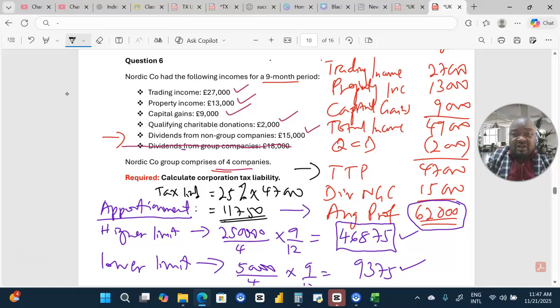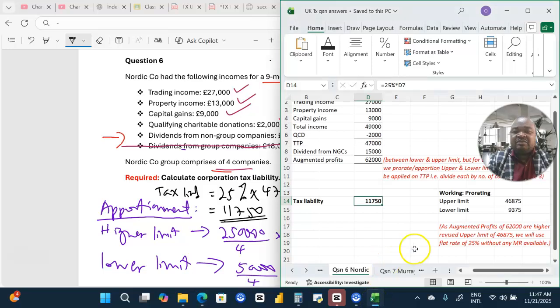No marginal relief would be available in this situation. Is that clear, ladies and gentlemen? Thank you. We can self-check ourselves with the computations we did earlier on.